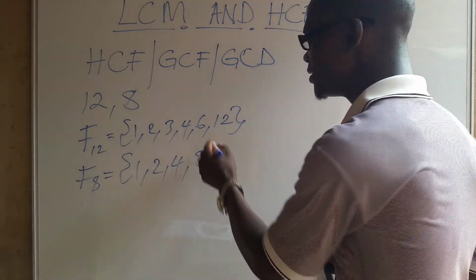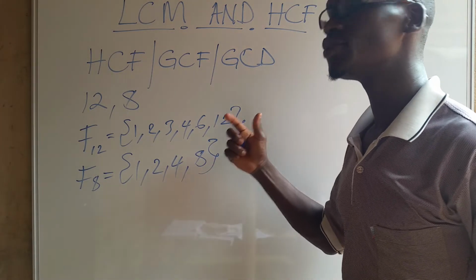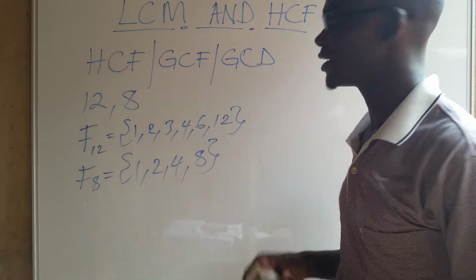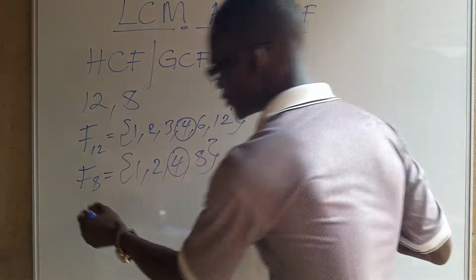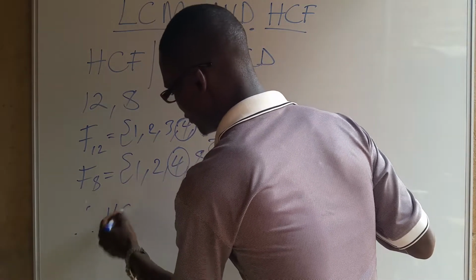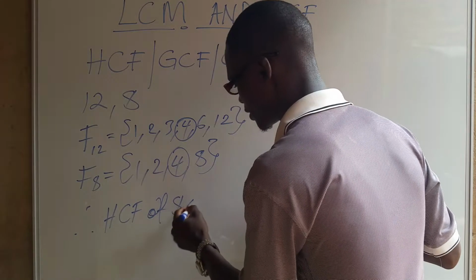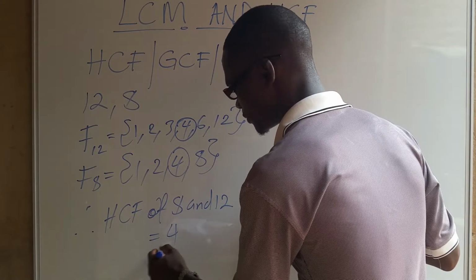So after listing the factors of the two numbers, we now choose the highest common factor. Probably that is a 4. And therefore, HCF of 8 and 12 equals 4.